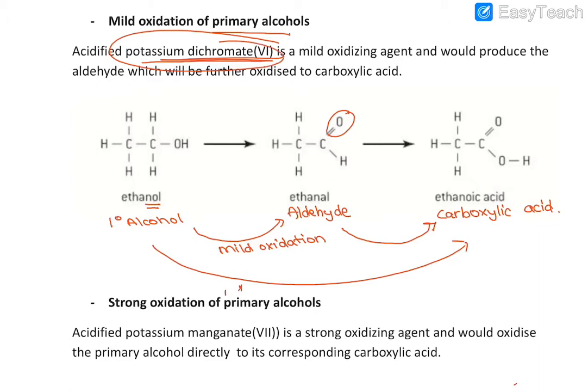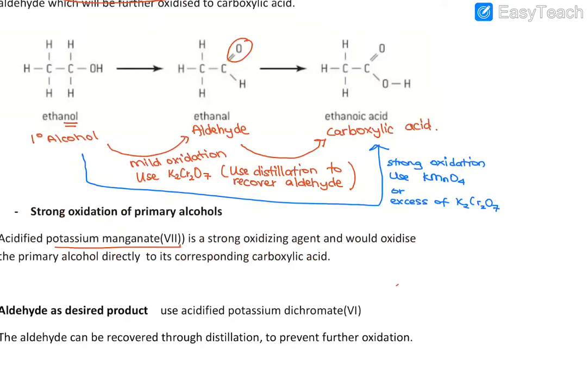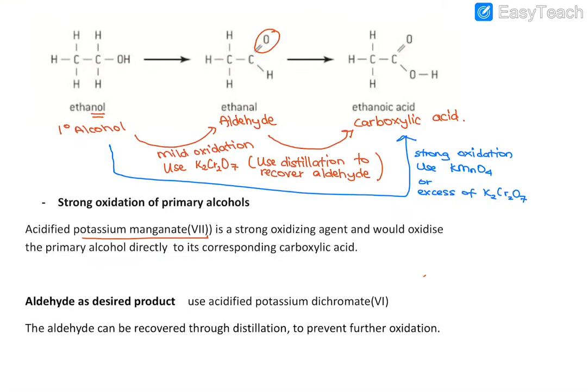So if you want to get an aldehyde, you have to oxidize using potassium dichromate(VI) only. But if you want to get a carboxylic acid, you can directly oxidize using potassium manganate(VII) or an excess of potassium dichromate(VI). So these are the 2 types of oxidation that can occur with a primary alcohol.